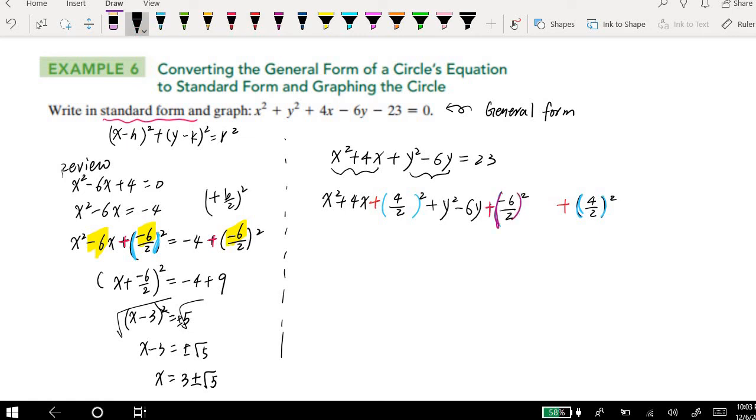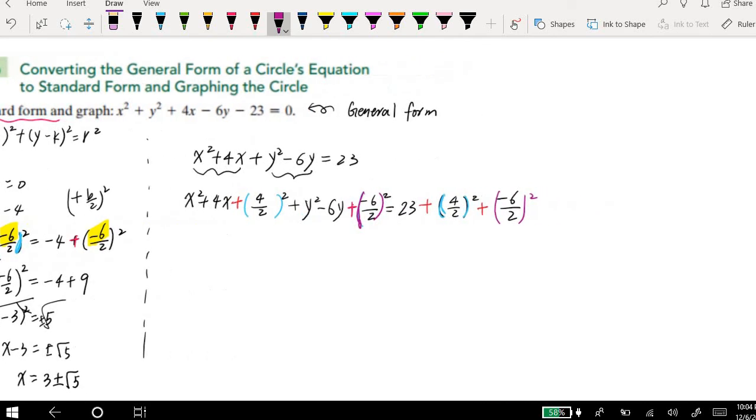Remember, 23 is there on the right side, and we also have to add this piece, negative 6 over 2 squared, on the right side as well.